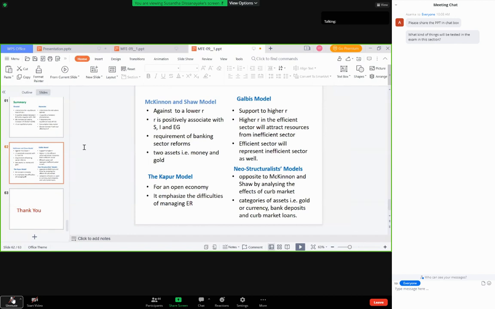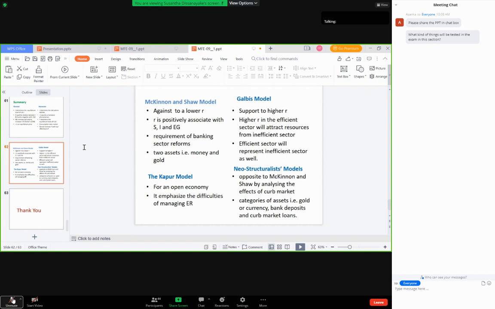Good question. You are pointing out the McKinnon and Shaw model. If I clarify your question further, this theory goes against low interest rates and always promotes higher interest rates. So your problem is how the higher interest rate will affect economic growth. Am I correct? Yes, sir. As we know, investments will pick up when the interest rates are low. So here it's the opposite. Yeah.